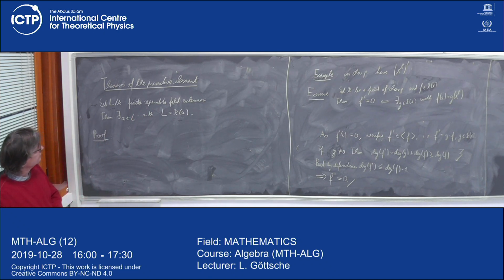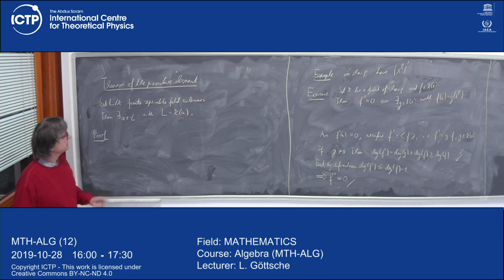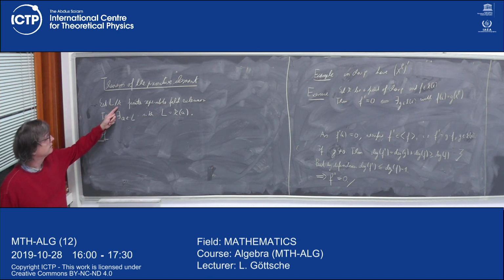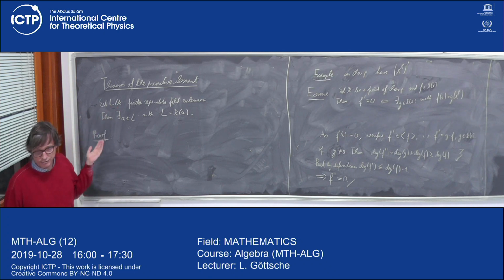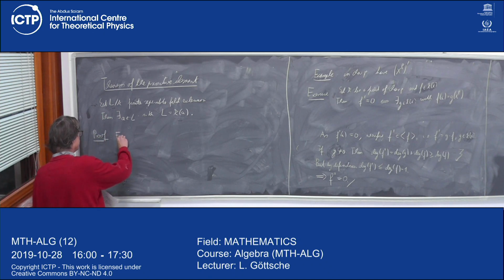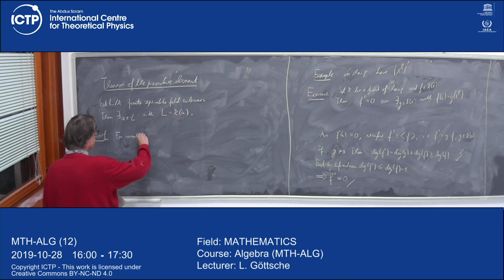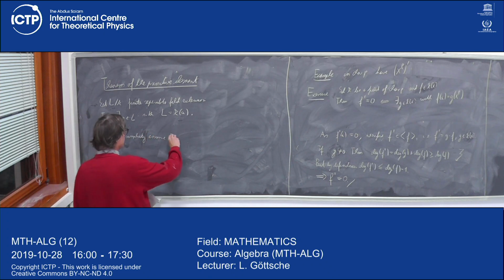So I will cheat a little bit. For simplicity, I assume that K is infinite. If the characteristic is 0, it's automatically infinite because it contains the rational numbers. But I have told you that finite extensions of finite fields will always be separable, and this I want to exclude. So for simplicity, we assume that K is infinite.